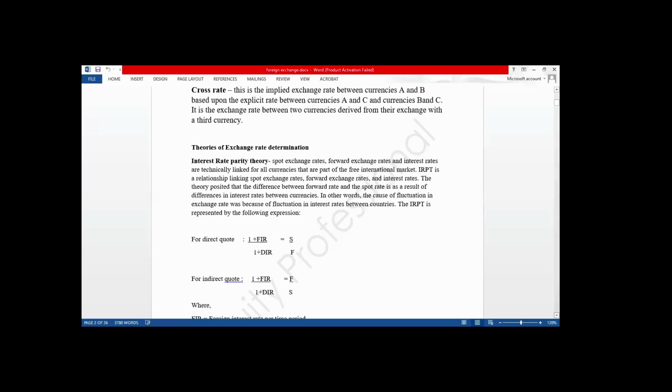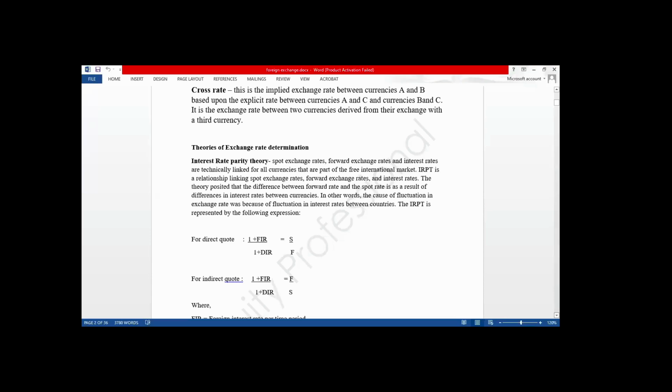Please, I'm going to restate that. You must be able to reproduce this in the exam. The interest rate parity theory states that the differences between the forward exchange rates and the spot exchange rates is as a result of differences in interest rates between currencies.